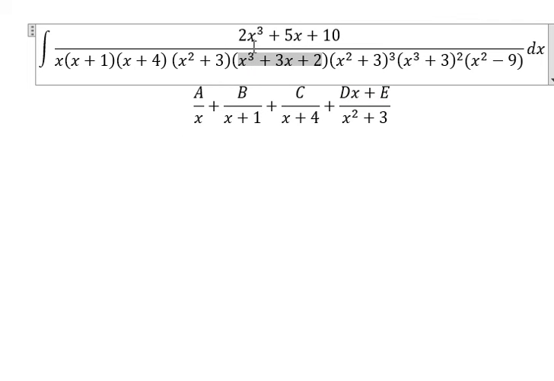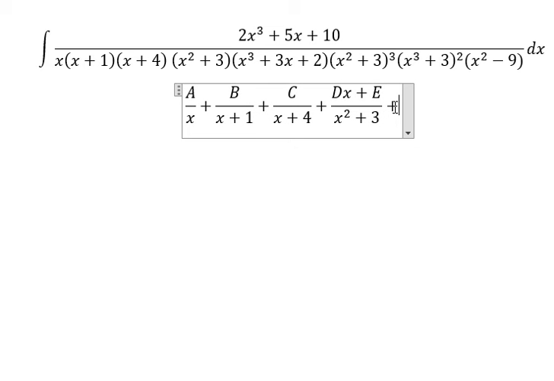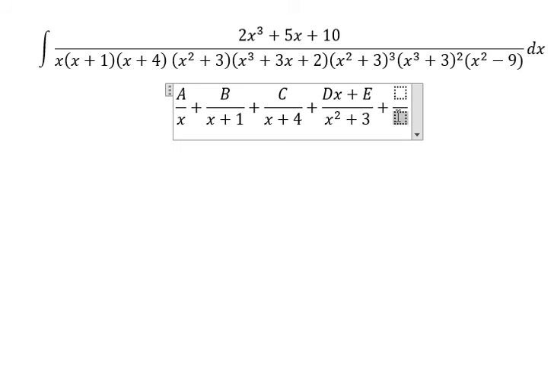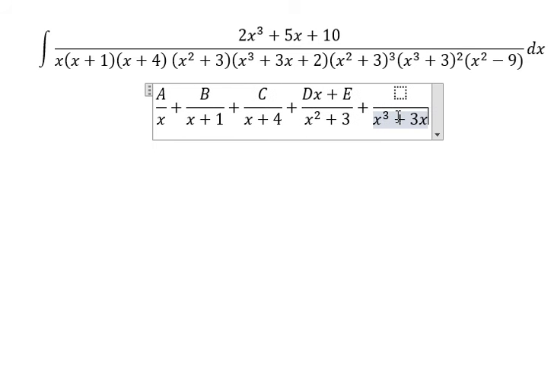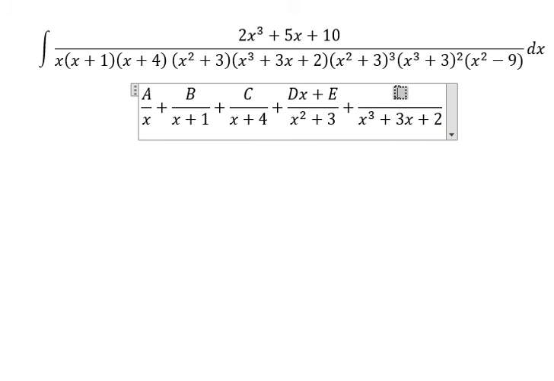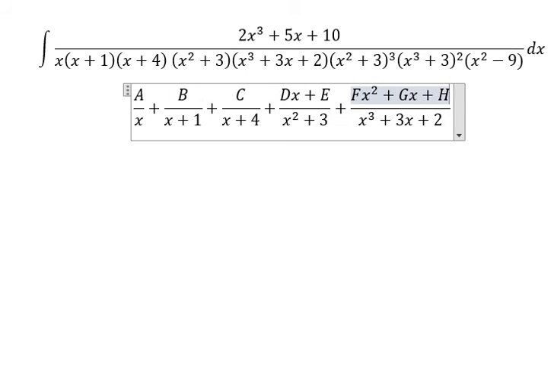Now the next one, we have s to the power of 3. This is the highest power on the denominator. In this situation, the highest power on the numerator should be s squared, and I will put F s squared plus G s plus H. From the power 2, we reduce the power to 1, and later you get the power 0, or we can say the non-s term.